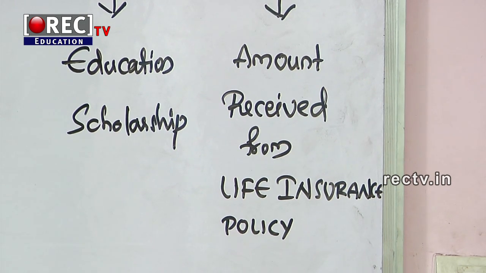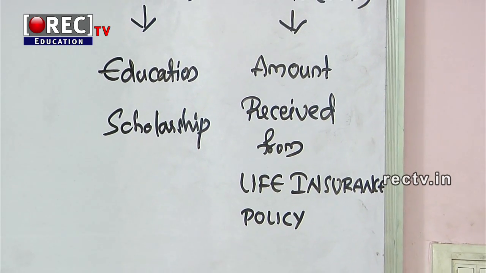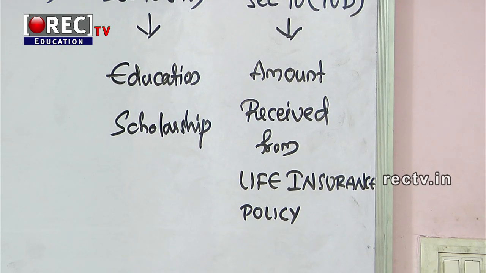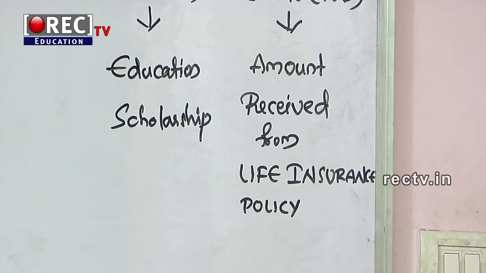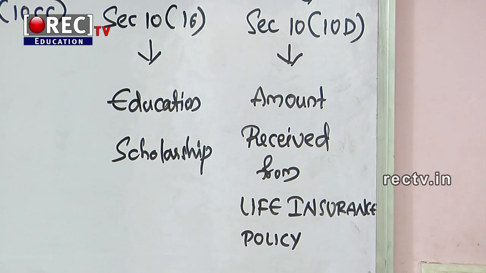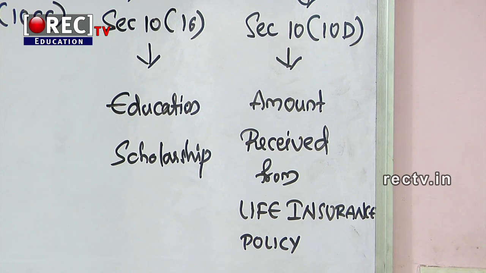That is, a keyman insurance policy, which is fully taxable; an amount received from a policy as referred to in section 80DD; and an amount received from a policy where the premium paid per annum exceeds 20% or 10% or 15% of the sum assured.